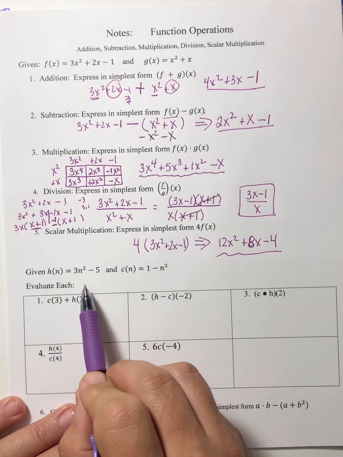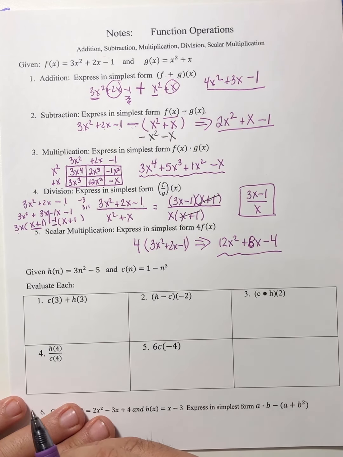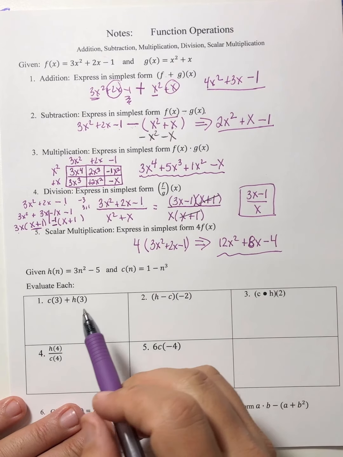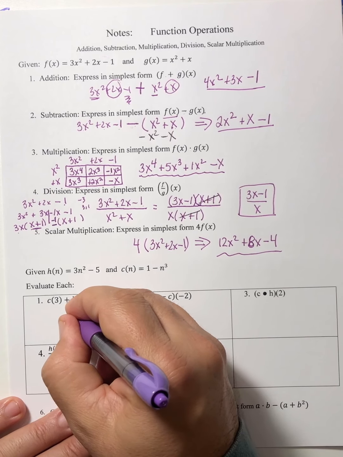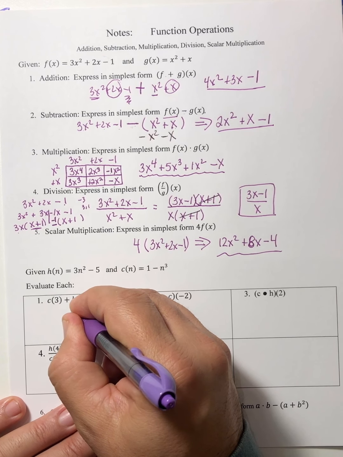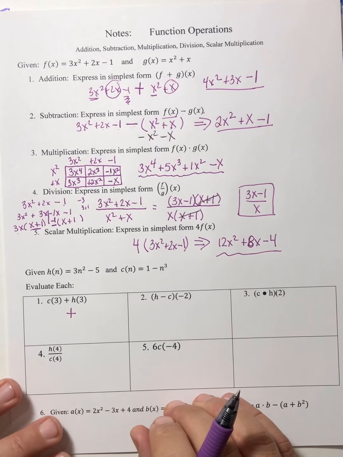Or we can plug in 3 first into each of the functions and then add the results together. When I do these, I like to plug in the 3 first and then add the results up. I think that's less room for error. Plug it in, crunch it out.